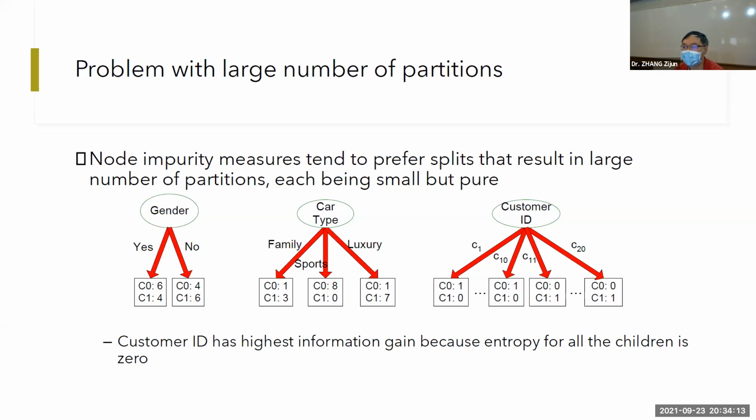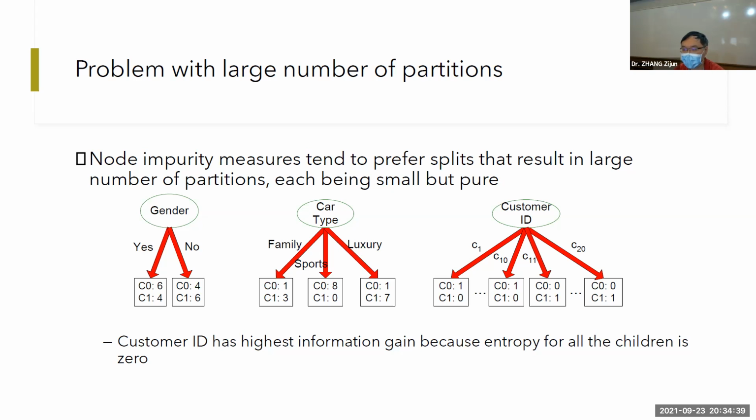We can do a 20-way split. It looks like the 20-way split gives the purest case. Using car type, we get a much lower impurity, but not the lowest one.